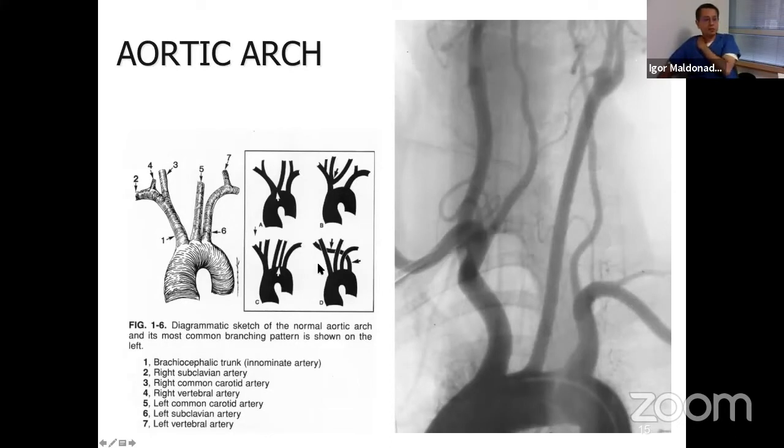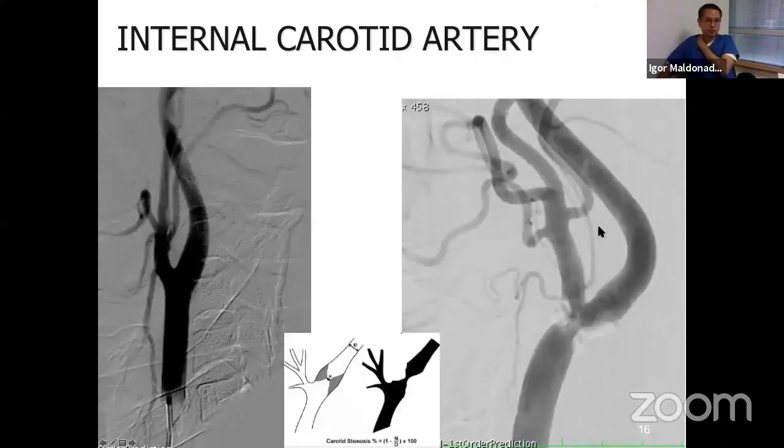In the angiogram, we recognize the innominate artery, the brachiocephalic trunk, and the emergence of the vertebral artery just proximal at the level of the superior aspect of the subclavian, just before the internal thoracic artery. You see the left common carotid artery, the left subclavian, and the vertebral.